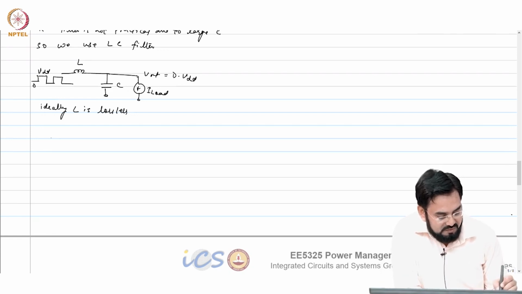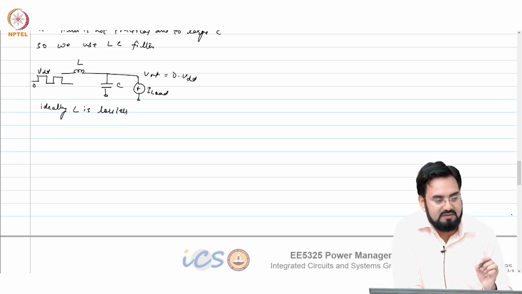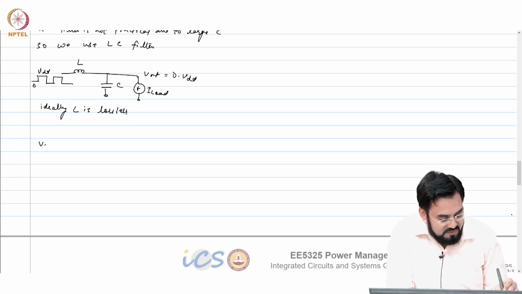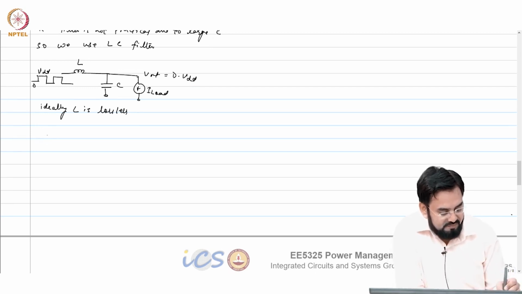So now let's see if I can derive this V out equals D times VDD. So let's go with this principle.